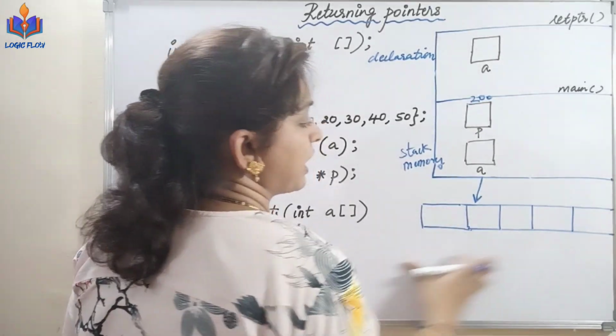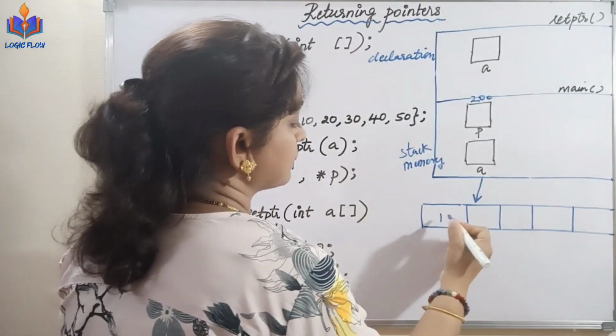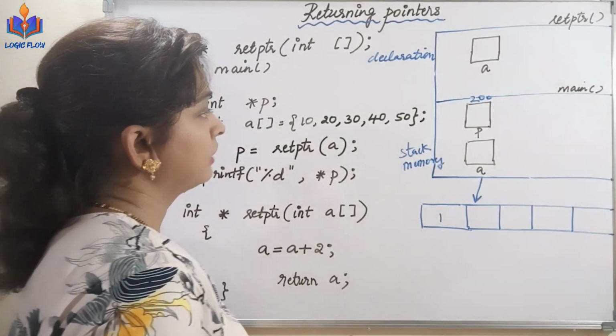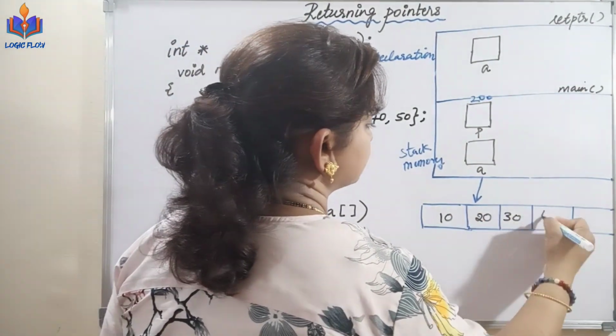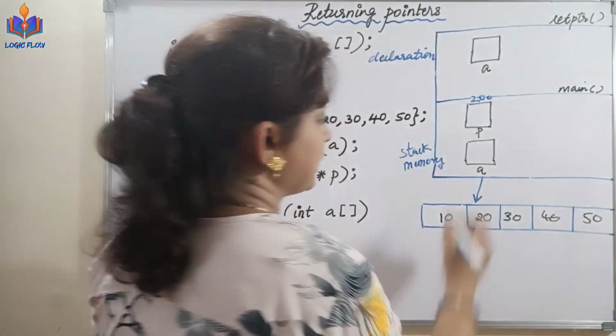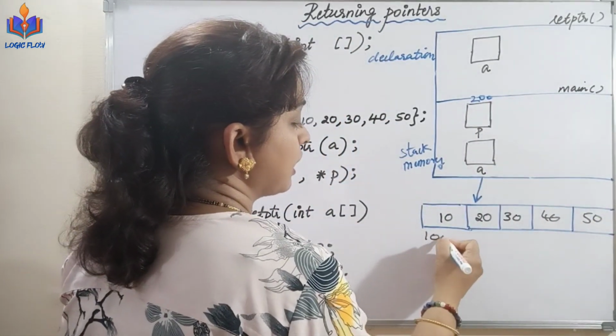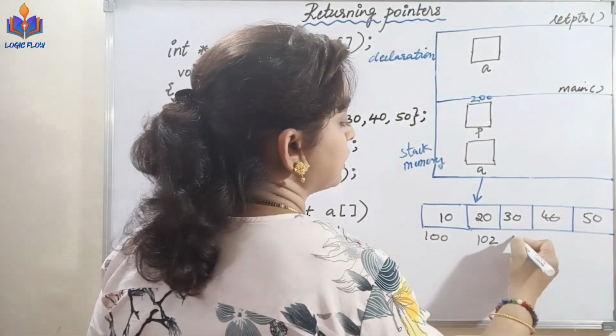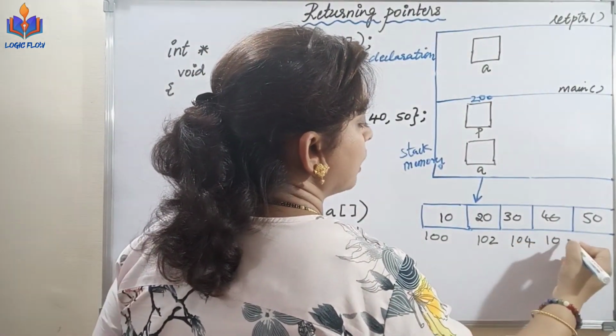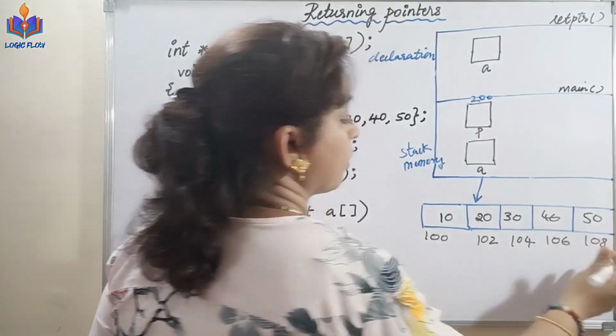Let me write the array here. The values 10, 20, 30, 40, 50 will be stored here. Now say the address is 100. Let me say a 16-bit machine, 2 bytes each: 100, 102, 104, 106 and 108.